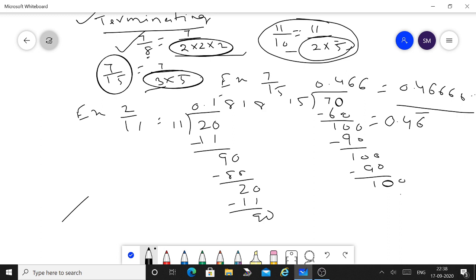In this way, it repeats again and again: 1 8 1 8 1 8. How can you write this? 0.18 with a bar over it. This is also a recurring non-terminating rational number.